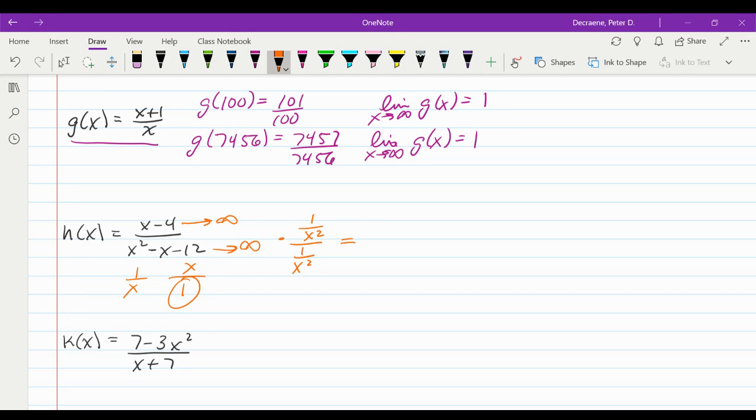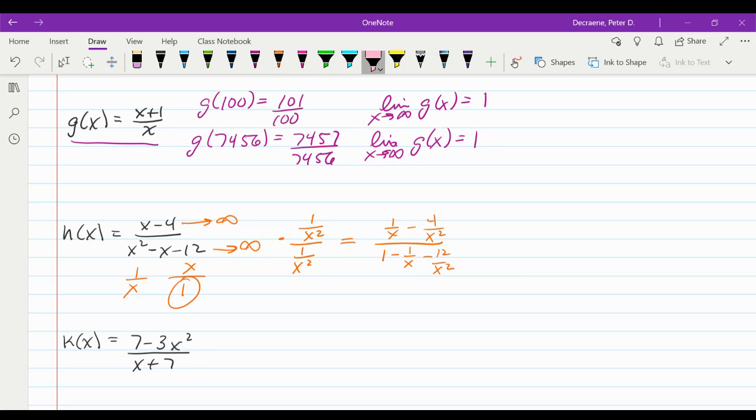So if I multiply everything through by 1 over x squared, I'm going to get x times 1 over x squared, which is 1 over x, minus 4 times 1 over x squared, which is minus 4 over x squared, divided by x squared times 1 over x squared, which is 1, minus x times 1 over x squared, which is minus 1 over x, minus 12 times 1 over x squared, which is minus 12 over x squared.